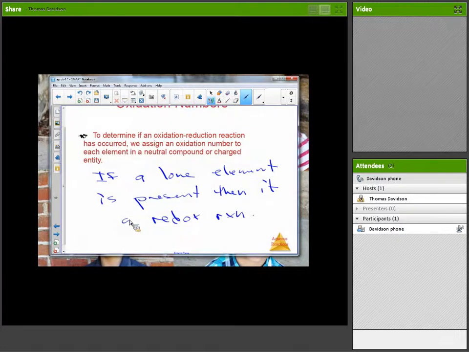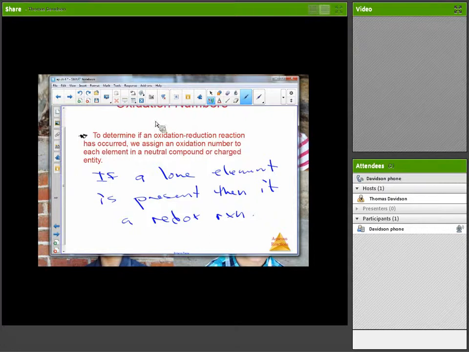So one thing, you can just simply look and identify most redox reactions if there's a lone element on either side of the arrow. Now, it's really nice when there's a single element on both sides of the arrow, because then it's a piece of cake. But anyway, if you see a lone element, then it's a redox reaction.